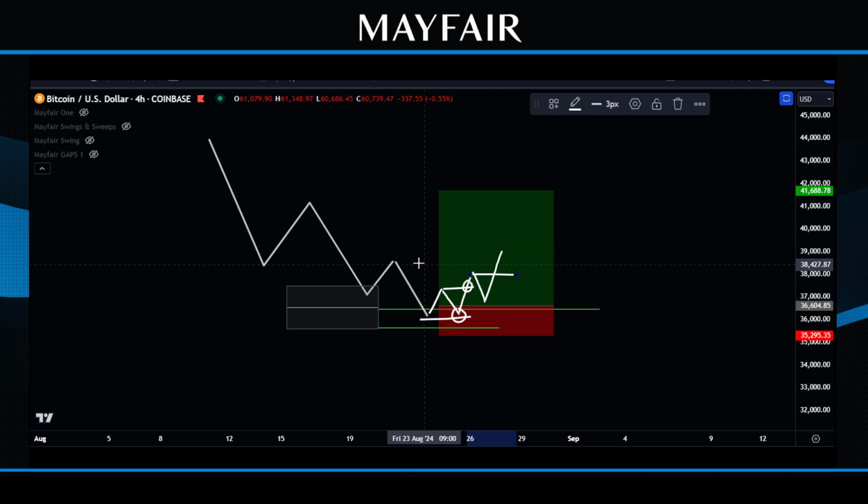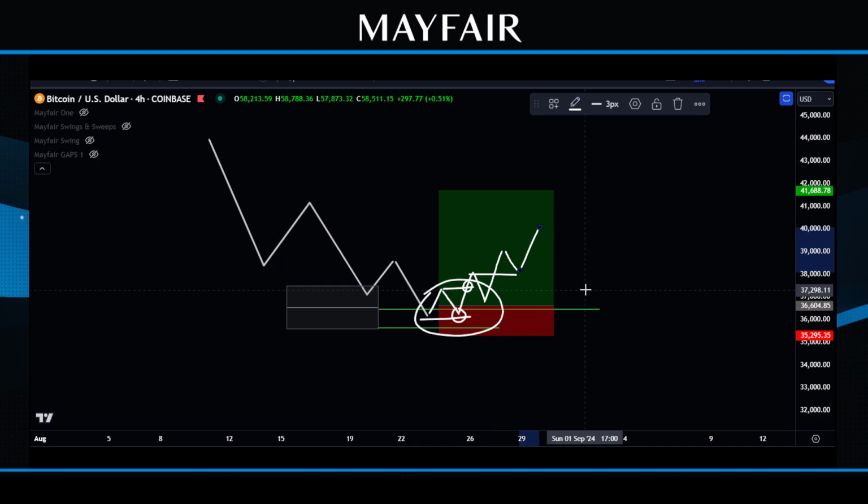Because now we've actually had the full change of dynamic inside that move. Now, in this particular example, perhaps we didn't get a sweep, but the fact that we've seen this instead of a sweep means that we're quite comfortable to take this move. We could then wait for another pullback again and take it again, right? And so on, so on, so on.